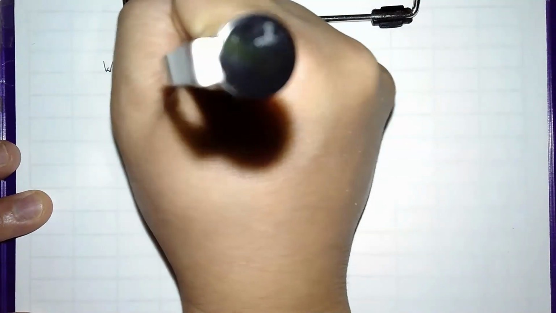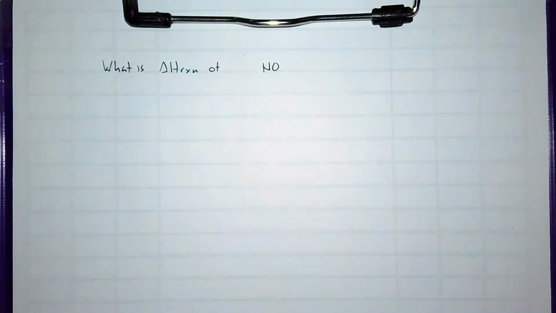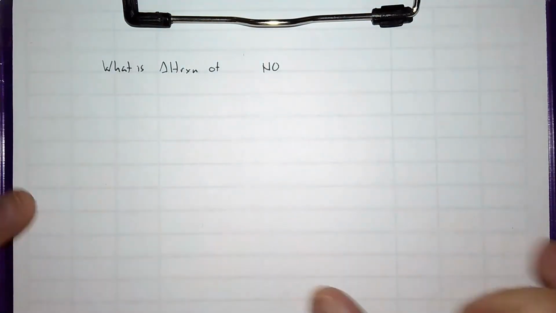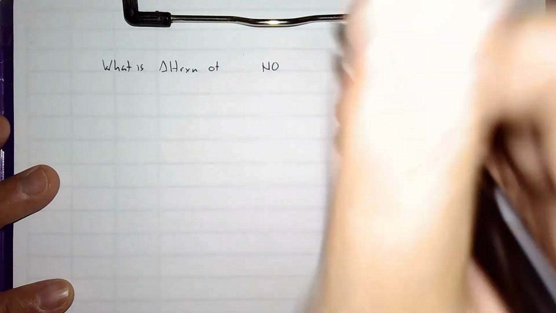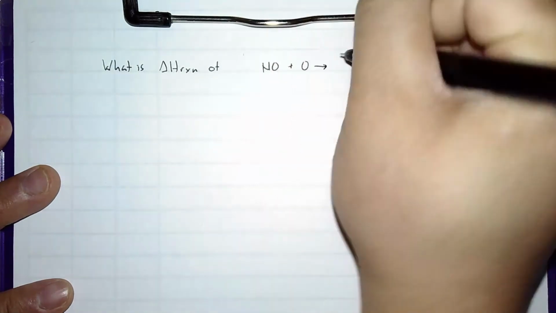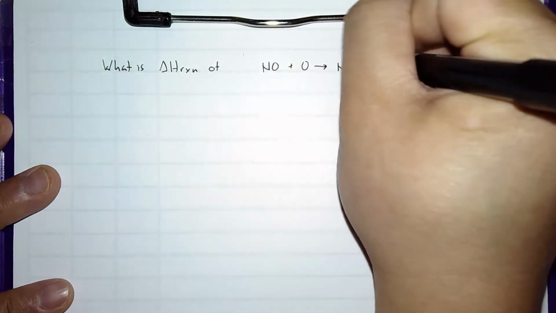What is delta H of the reaction of NO plus O goes to NO2? I'm not going to put the states because everything that we work with for this problem will be in gas.